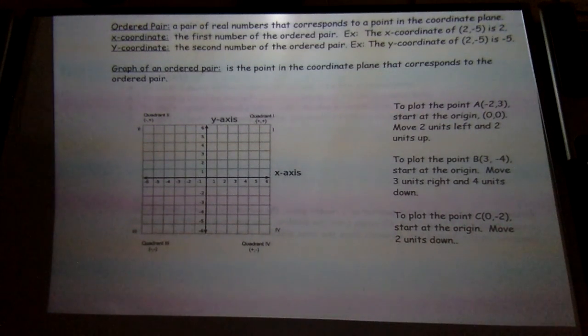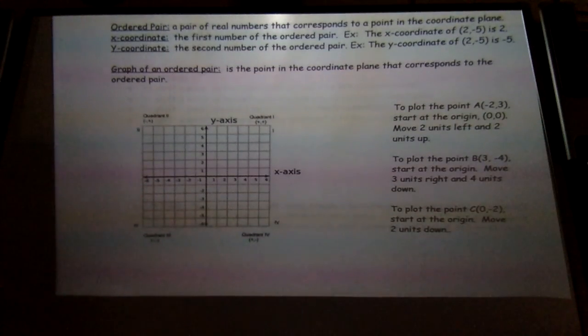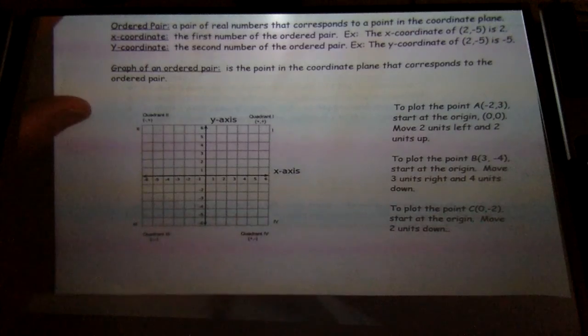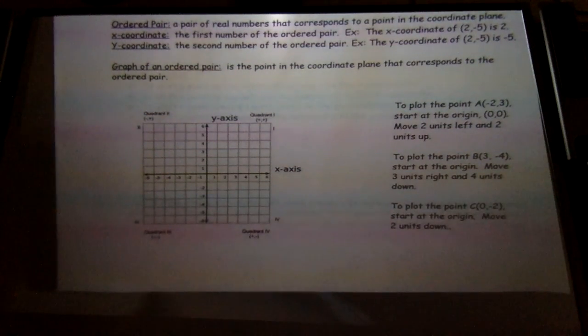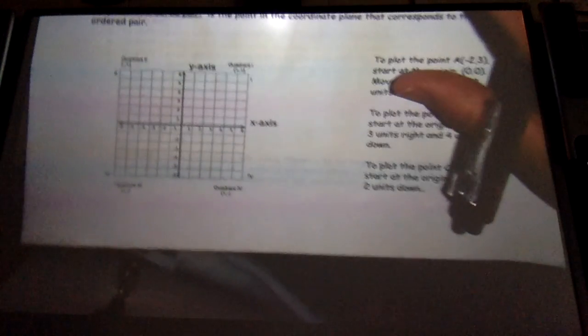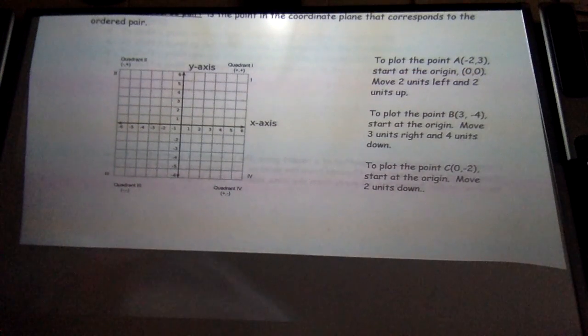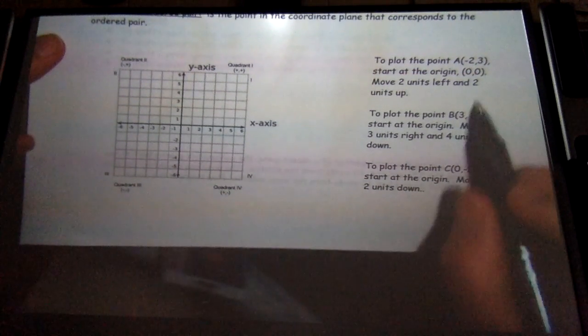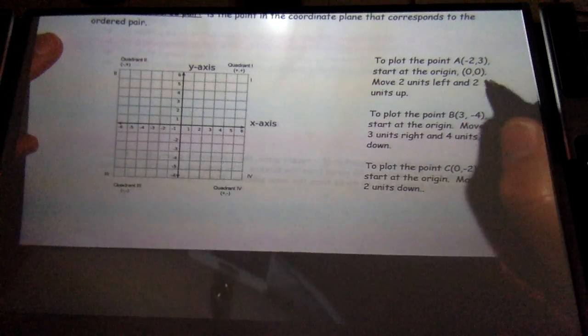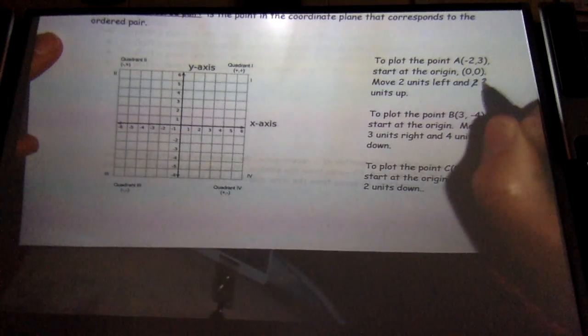So, for example, to plot the point (-2, 3), we start at (0, 0). We move left 2, and then we move 3 units up.